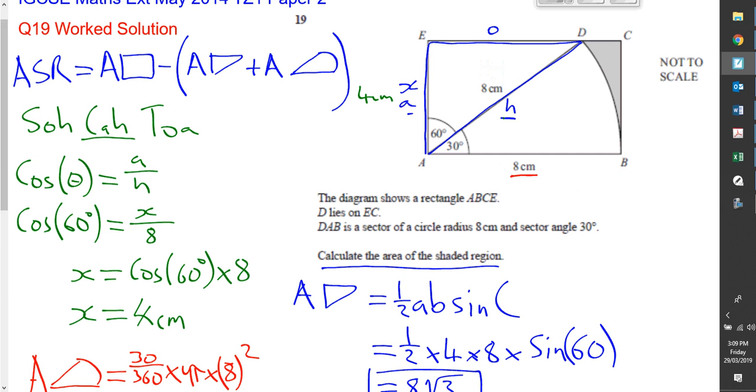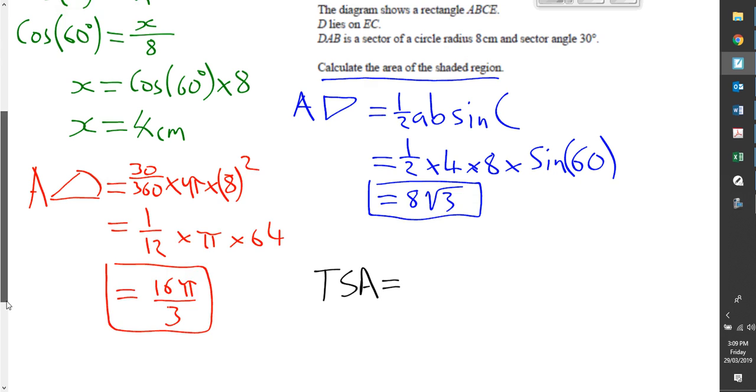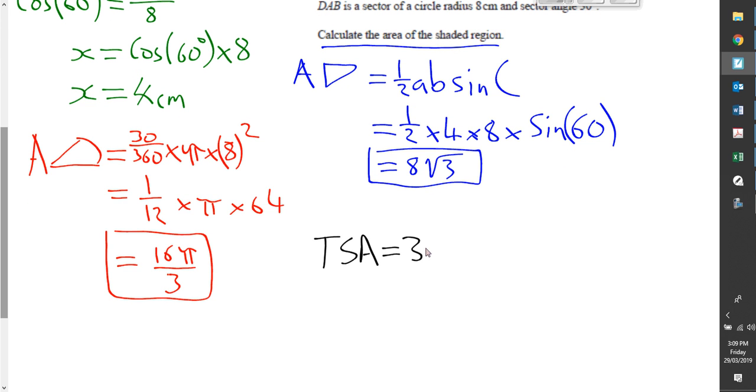The area of the rectangle is just going to be length times width, so 8 times 4 will give us the area of the whole rectangle. 8 times 4 is 32, so 32 centimetres squared, minus the area of our triangle here, which is 8 root 3, and the area of our sector, which is 16 pi over 3.